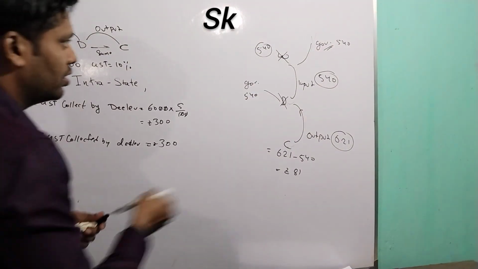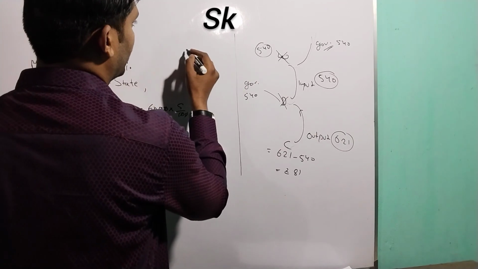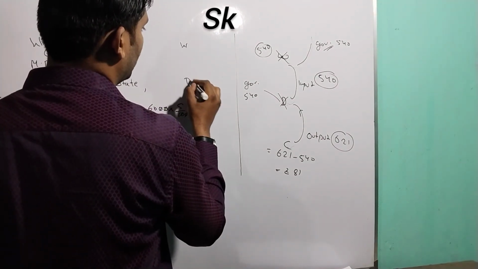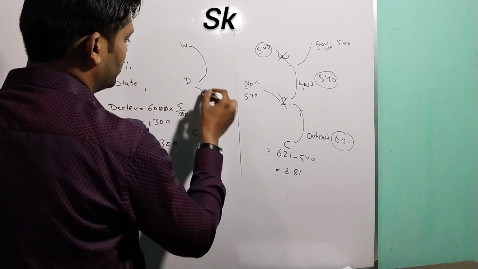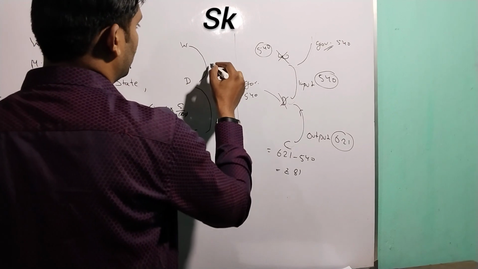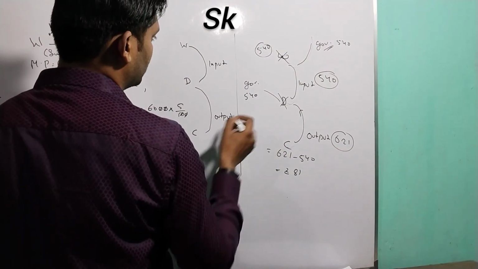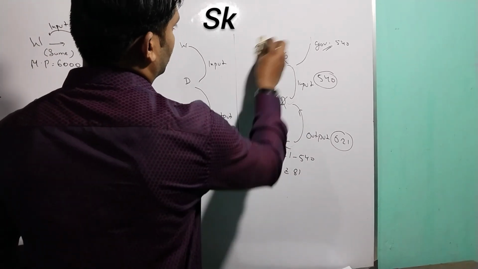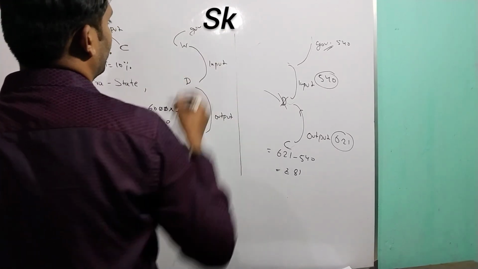I will just show you the difference. Again here the wholesaler is there, the dealer is there, and the consumer is there. Now again the arrows, let me show you with this one. Input is there and output is there. The dealer has to pay to the government, the fund.